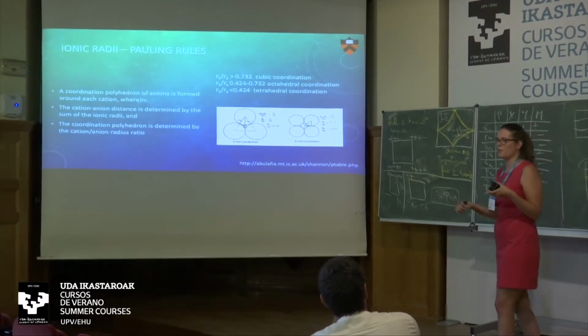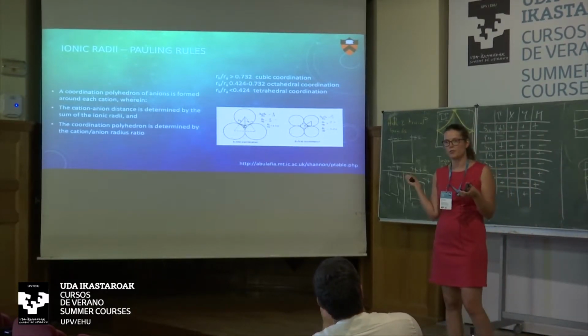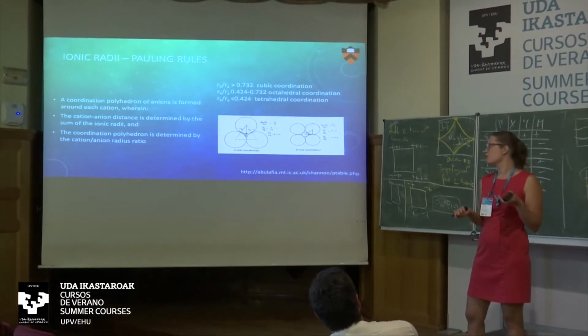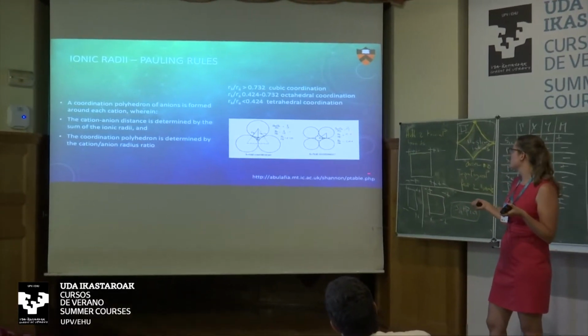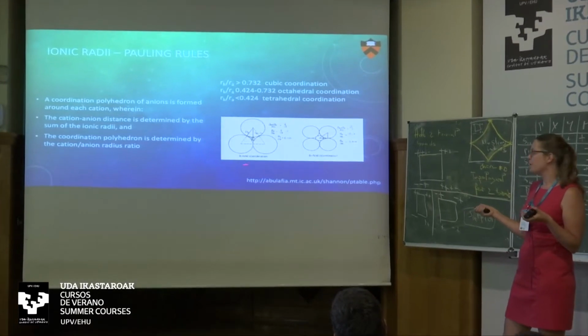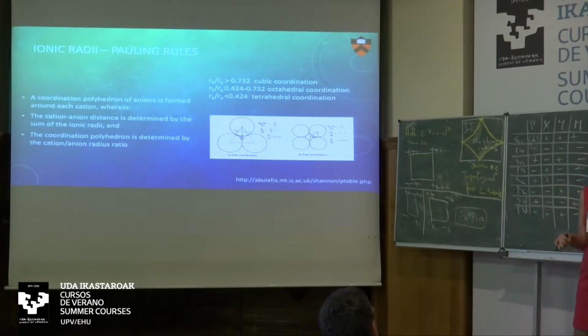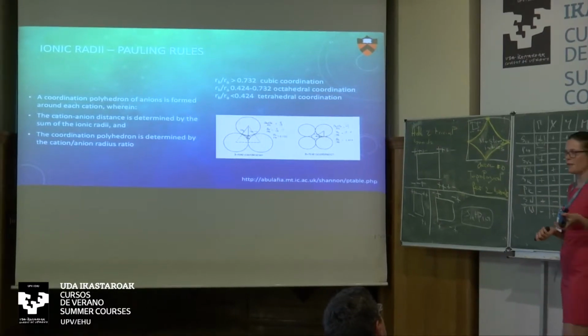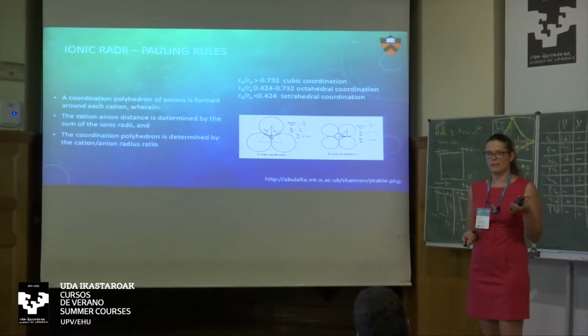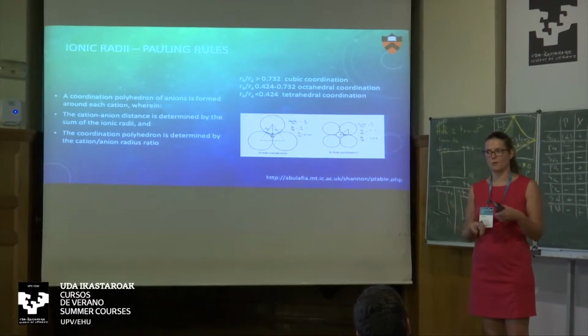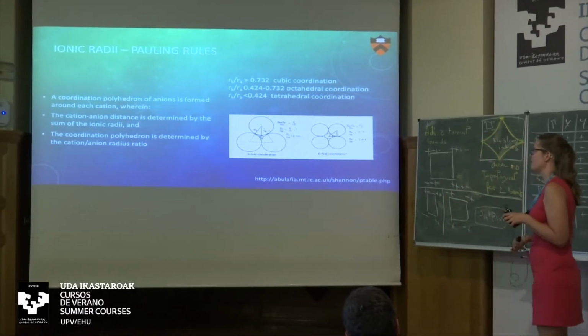So you don't even need to do DFT or stabilization. You can just look at the ionic radii ratio. And here I put this website. It's a very nice one. You have a periodic table, and you can look up all your cationic and ionic radii, and you can see if anything you came up with makes any kind of sense before you check any phonon modes or do a complicated calculation.